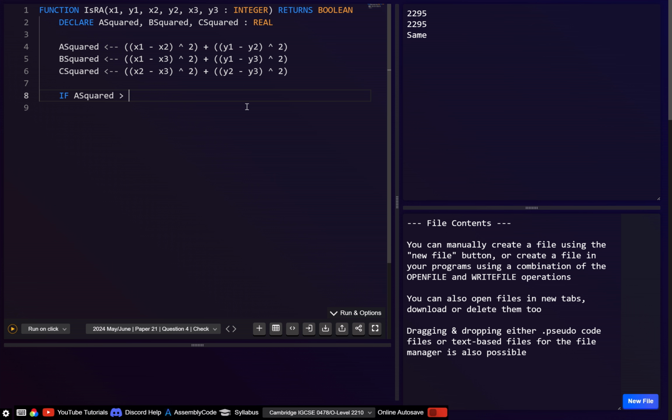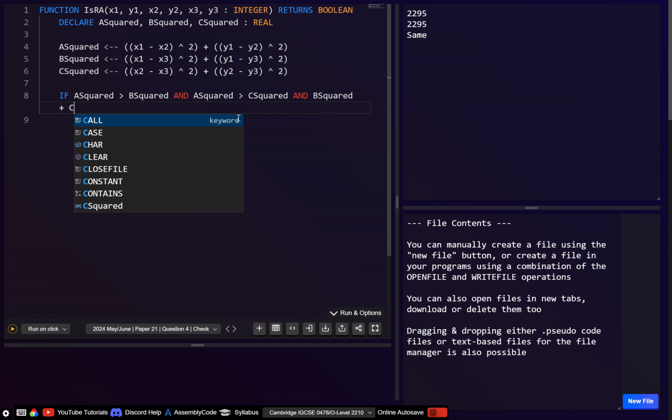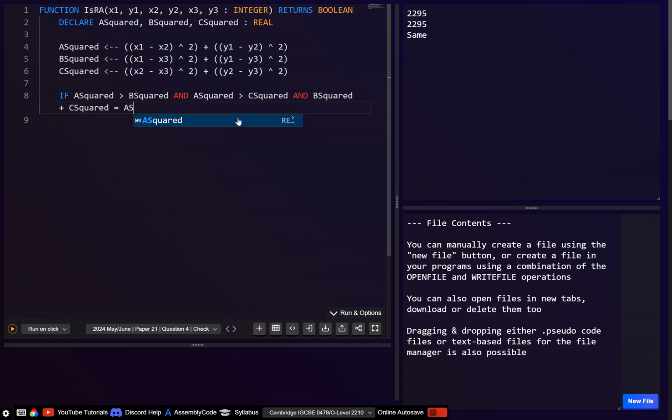You could say, if a squared is bigger than b squared, and a squared is bigger than c squared, and then you'd also want to check if b squared plus c squared is equal to a squared. That would be one way to do it, although it is quite long. And then you need to check if b is the longest, or if c is the longest.